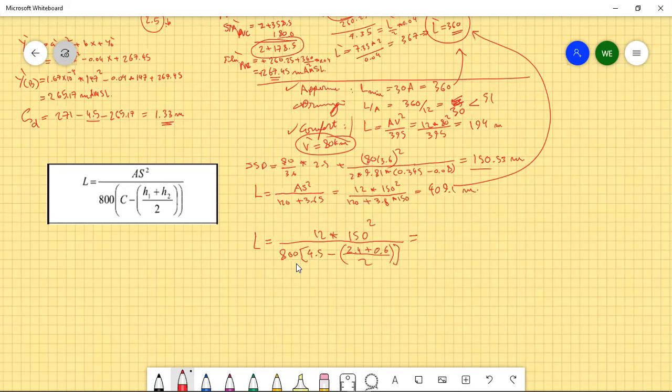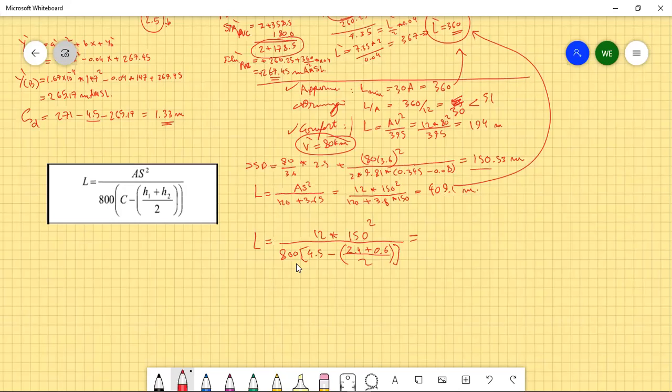So we have 12 multiply 150 squared divided by 800 divided by 4.5 minus 2.4 plus 0.6 divided by 2.